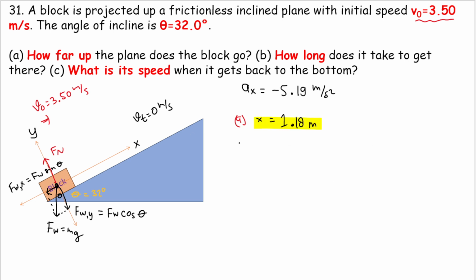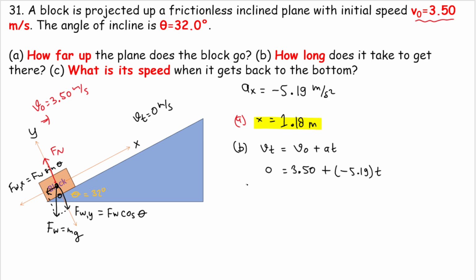For question B, that is another kinematics question. We have Vt is equal to V0 plus at, and we need to find t. Vt here is 0, V0 is 3.50, and the acceleration is minus 5.19 multiplied by t.